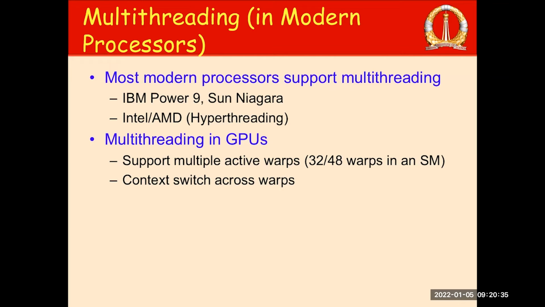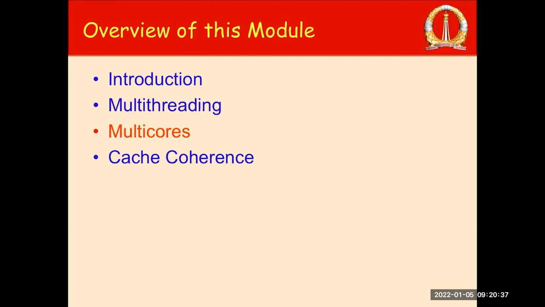Okay, let's move on. The next thing that we want to talk about is multi-cores. As you can see, in multi-threading, there is some amount of hardware replication, or some additional hardware put in to support multi-threading. Whereas in the case of multi-cores, each core is going to be replicated. Then you might want to ask what really drove this multi-core situation.